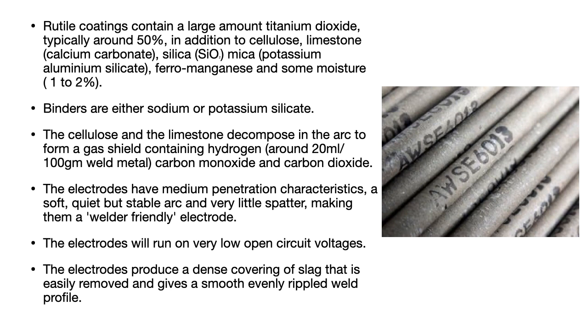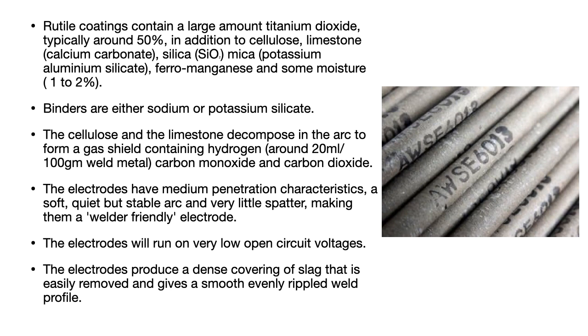The electrodes will have a medium penetration, but you can see it will have a soft and quite stable arc. The one thing with cellulose electrodes which I forgot to mention was the arc will be very strong. Since the arc is very strong, there is a probability that the spatter produced will be much more.